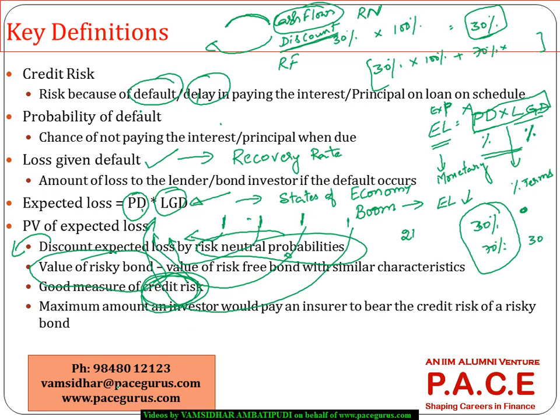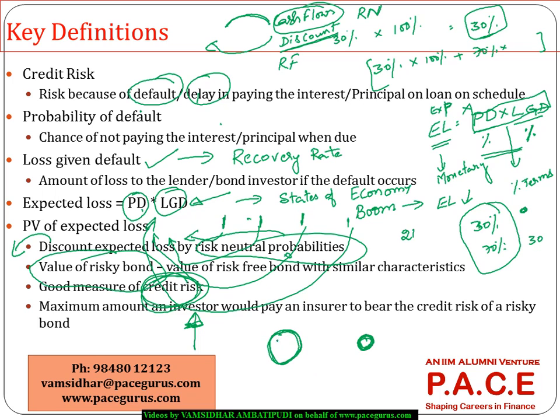And the other way we need to see it is the amount which an investor is willing to pay extra. Because the risky bond is paying me a better payoff, whereas for the risk free bond the value is slightly lesser because the risk is also lesser in it.